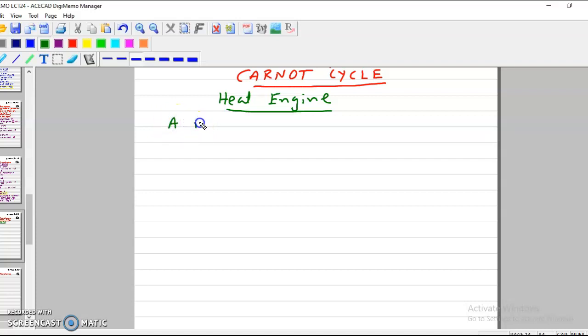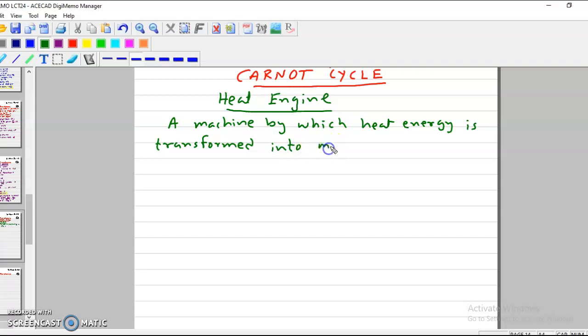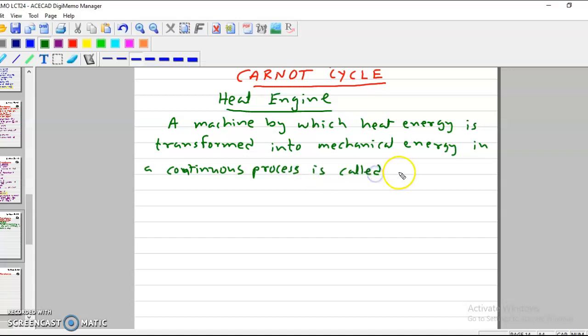Heat engine, a machine by which heat energy is transformed into mechanical energy in a continuous process is called a heat engine.